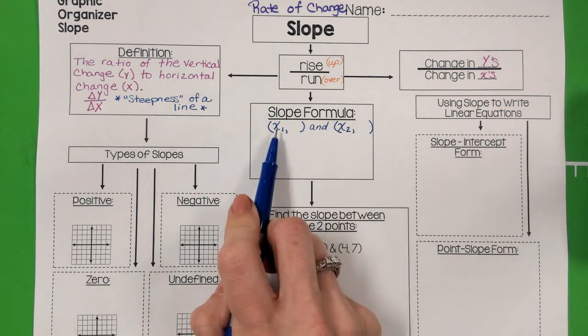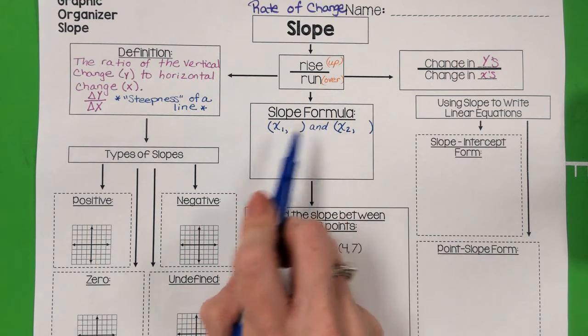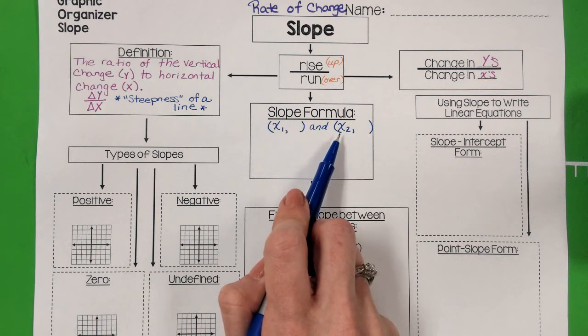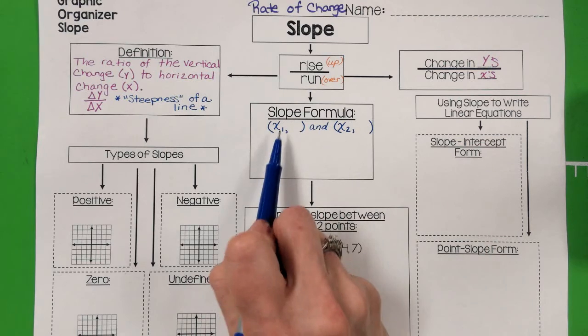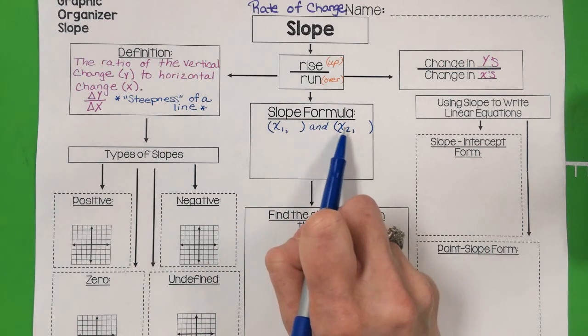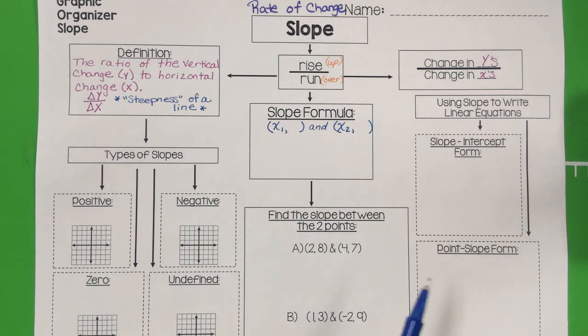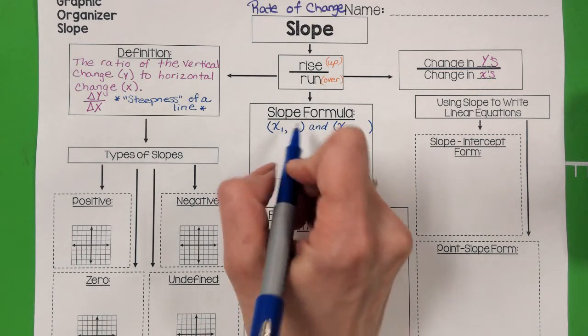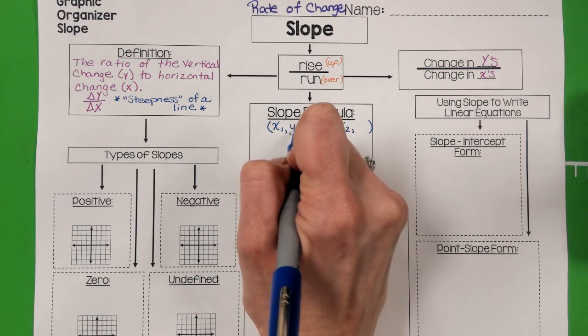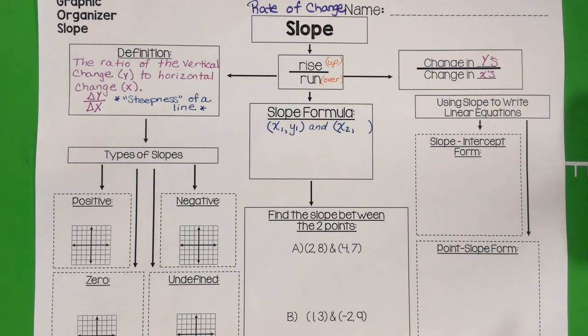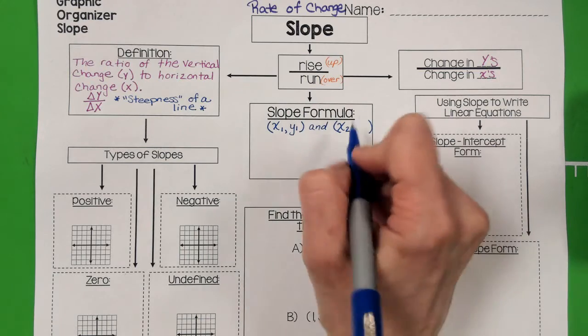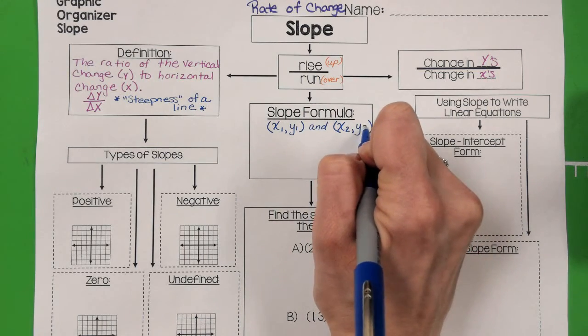And of course, these will be numbers like -1 and 3 or 5 and 7. But for the formula, we say it's the first x and the second x. These are subscripts. They're just little numbers to say the first x and the second x. So in this first ordered pair, you get your first y. And in the second ordered pair, you get your second y.